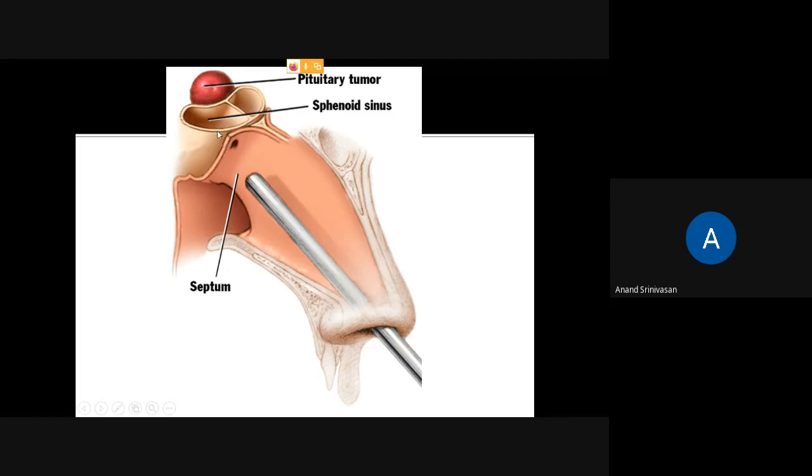If you dissect and open through this nasal roof, you will reach the sphenoid air sinus, and once you hit the sphenoid air sinus, then comes the pituitary gland. So this is another less invasive approach, where the brain is not disturbed and we can treat it.